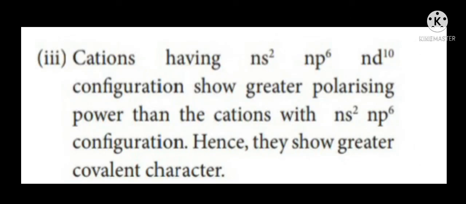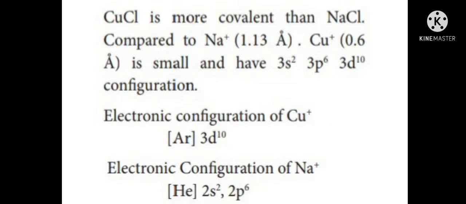Finally, cations having ns2 np6 nd10 configuration show greater polarizing power than cations with ns2 np6 configuration, or in other words, the cation with ns2 np6 nd10 configuration shows greater covalent character than the cation with ns2 np6 configuration. It is explained by taking the examples CuCl and NaCl.